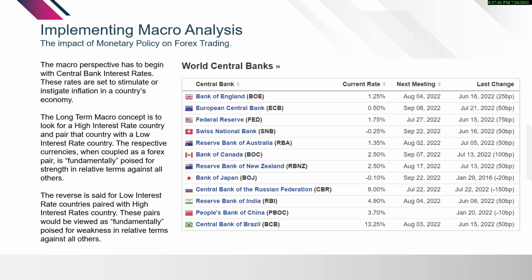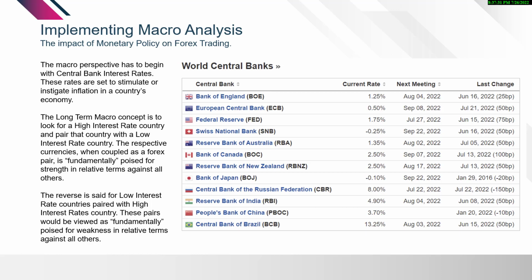So basically, we're talking about a country that has got higher rates versus a country that has got lower interest rates. For instance, we can pick, say, EUR/JPY. Euro has got 0.5 interest rate, and then we've got the yen sitting at negative 0.1%. So, in other words, we are actually looking for euro to gain against the yen.